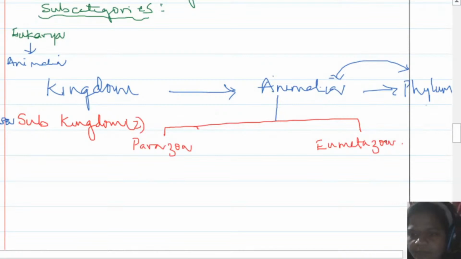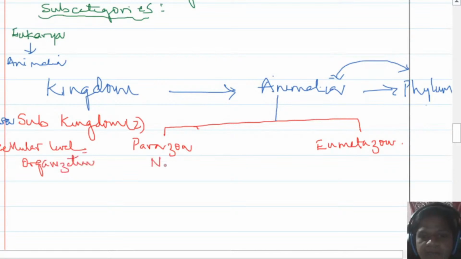This is the first level, and the tissues haven't formed yet. So the organization is a cellular level of organization, because we don't see any tissues here.